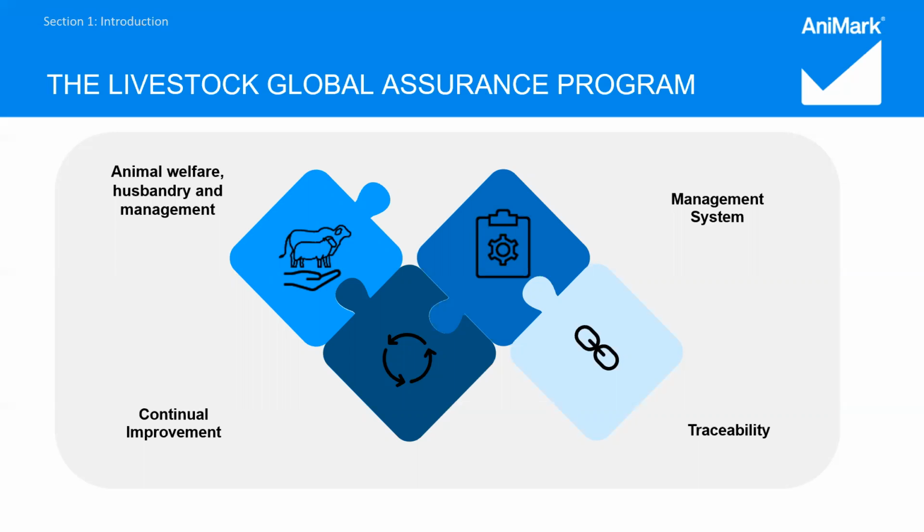One of the enablers of continual improvement under LGAP is the documentation by operators and facilities of their own processes, procedures and practices, and the following of those documented procedures and practices by the personnel on site. Ongoing review and updating of these procedures and processes, making sure they're followed, as well as keeping records to verify the outcomes of those procedures, is important. This is why LGAP requires a management system, and we'll get to that later on.